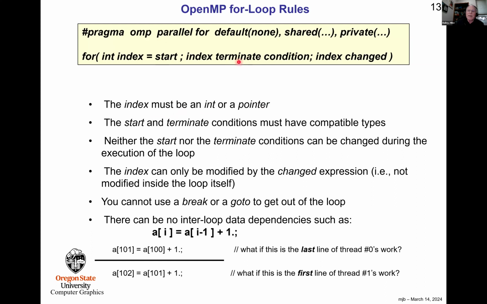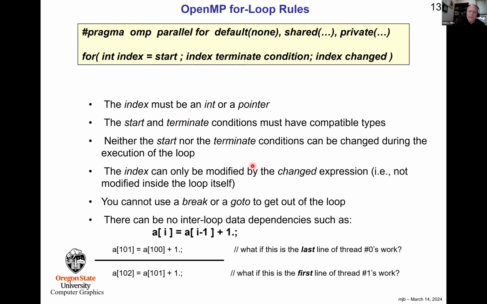The start and terminate must have compatible types. The start and terminate conditions cannot change during the execution of the loop. And the reason is this pragma is going to generate some extra parallel code based on what start and terminate are right now. And so if you go change them inside the for loop, that's going to mess that up.